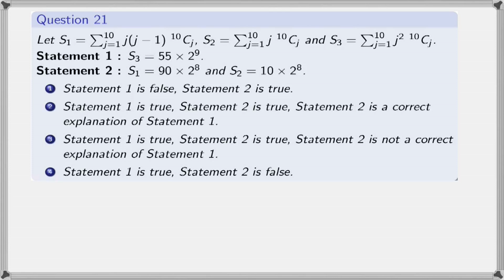In case these 2 statements are correct, we shall find out whether statement 2 is a correct justification of statement 1 or not. First, we note that S1 + S2 = S3. Therefore, we begin by verifying whether statement 2 is correct or not.